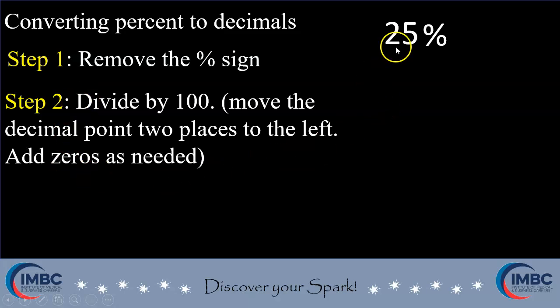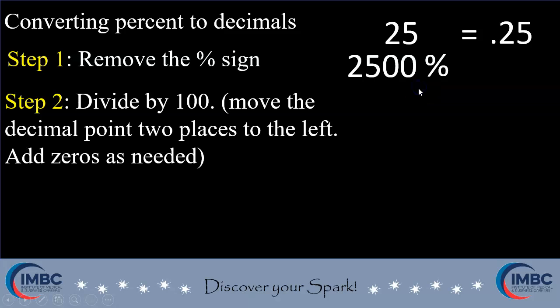So we have 25%. First step, remove the percent sign. Second step, divide this by 100. So divide would take that decimal point that's sort of understood because this is a whole number, and it would become 0.25.